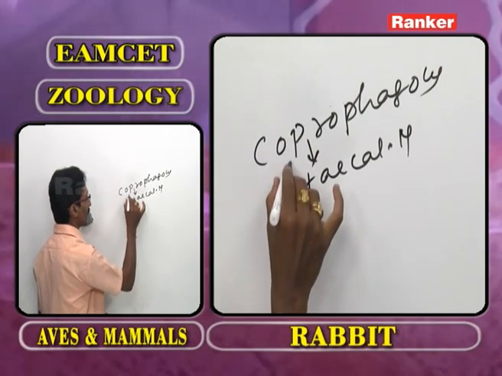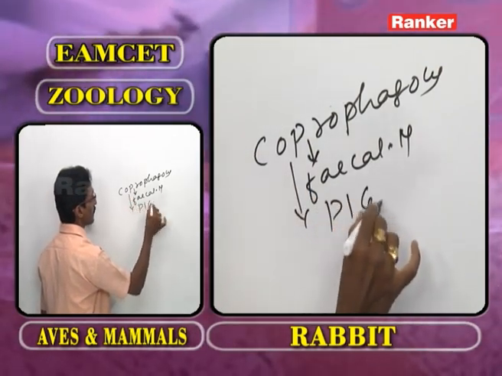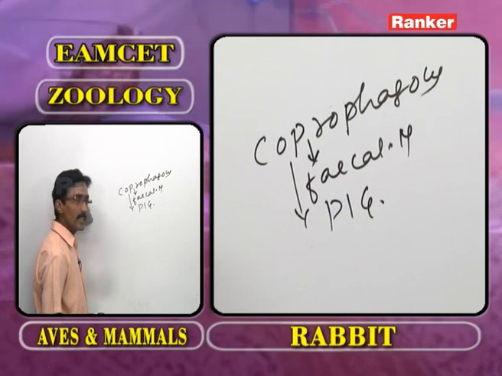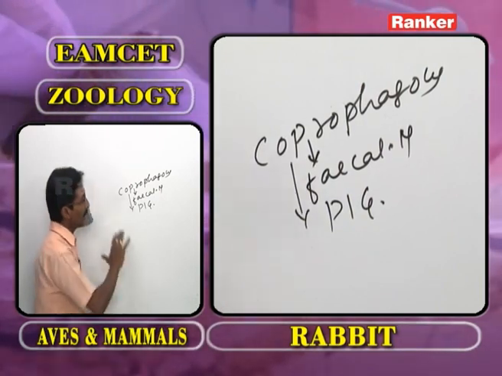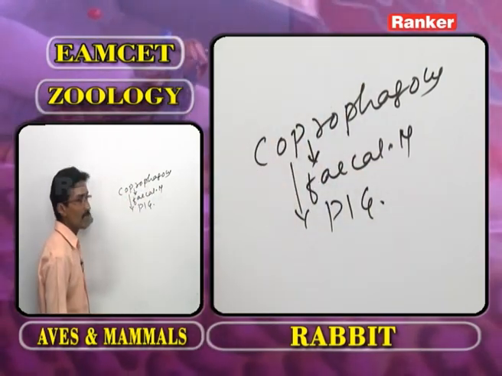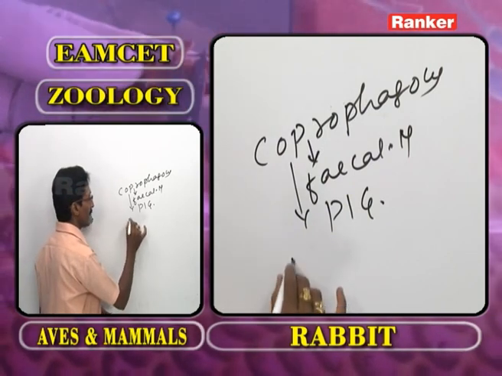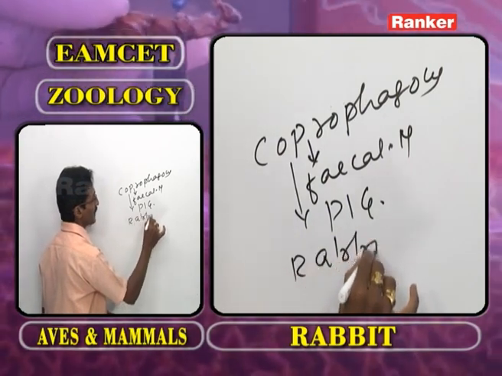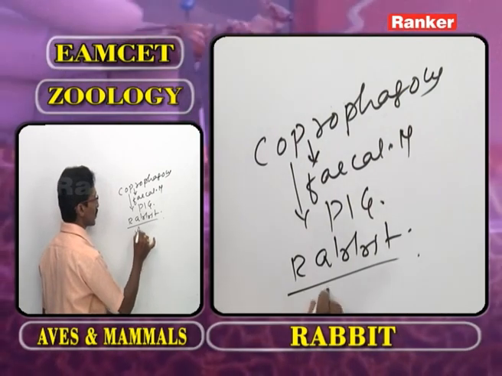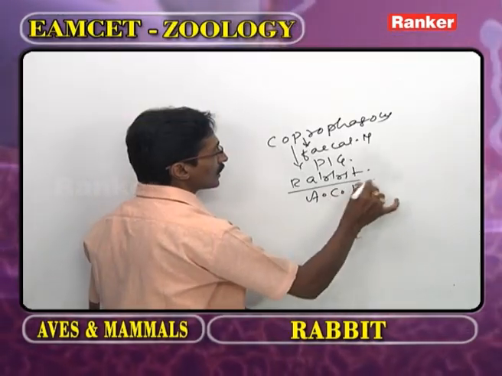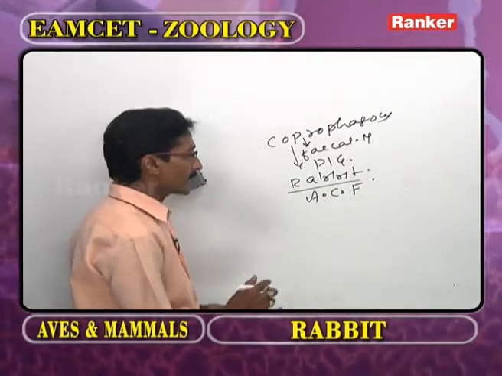What is the classical example? That is pig. The pig eats the fecal matter of all animals, so it is coprophagous. But here, as we observe, the rabbit is said to be autocoprophagous feeder.